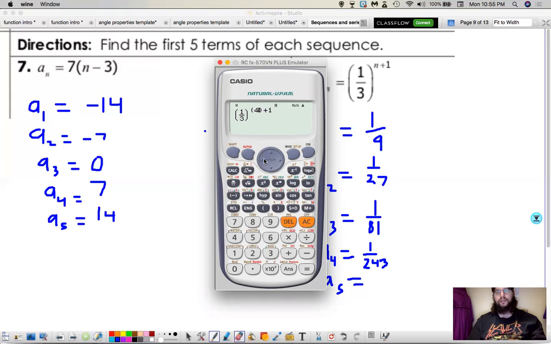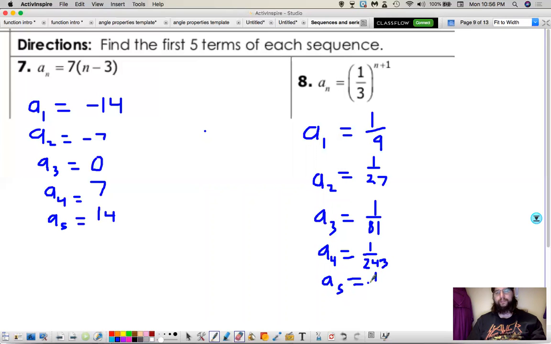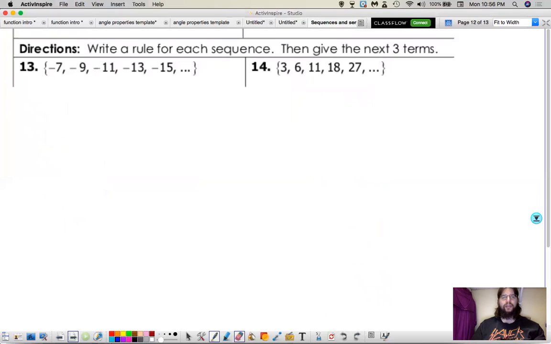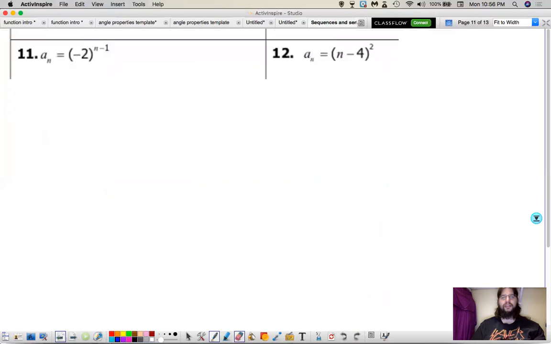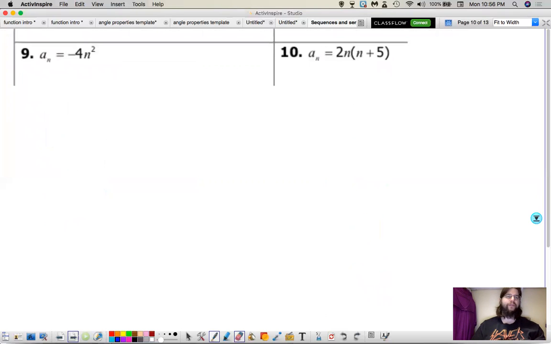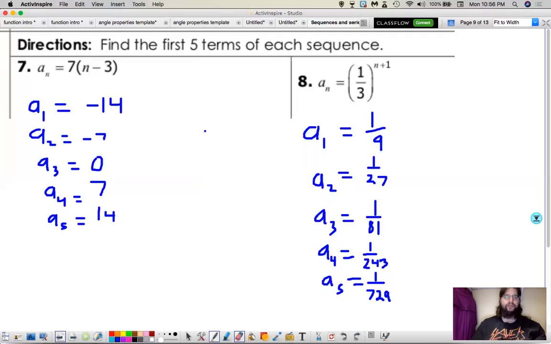And then 1 over 729. That's it. So explicit formulas are pretty easy to deal with. Not necessarily so easy to come up with, though. So using them is very nice and handy. But sometimes coming up with them, yeah, we're going to do that in a few slides, is tricky. Okay, let's do this.